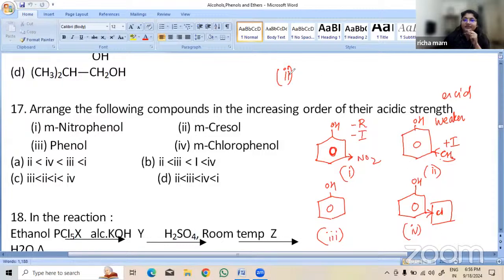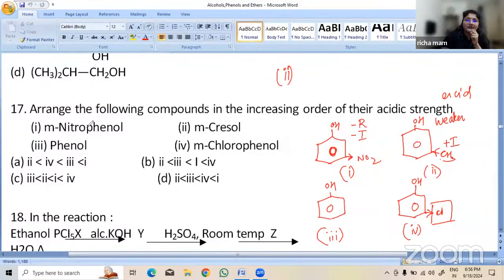So what will come first? First will be metacresol, then will be your phenol. Then will be your metachlorophenol, and then will be your metanitrophenol.